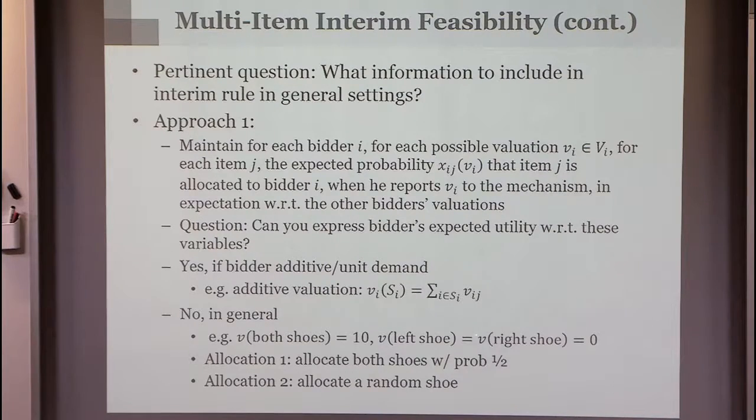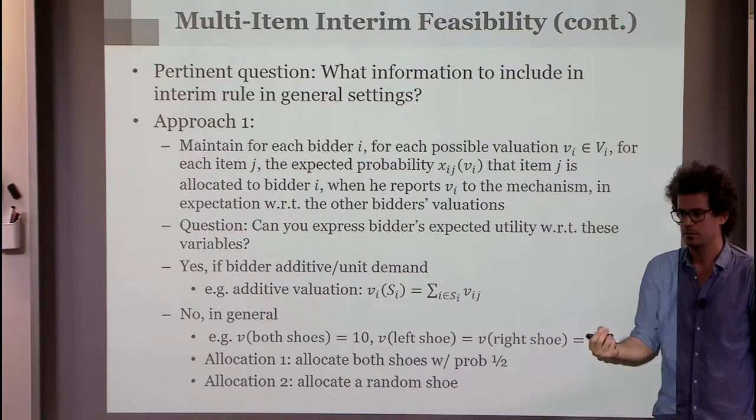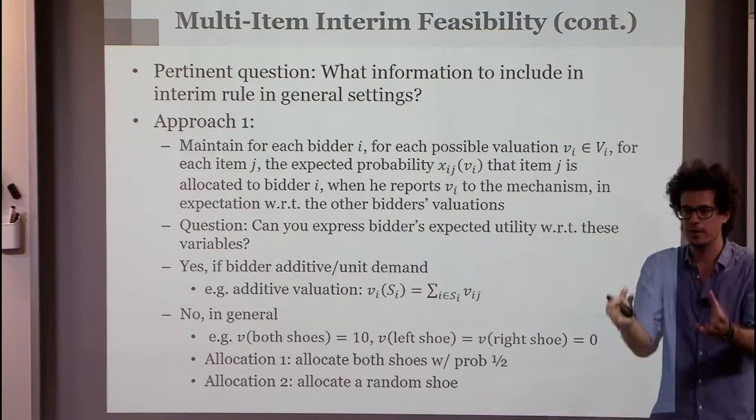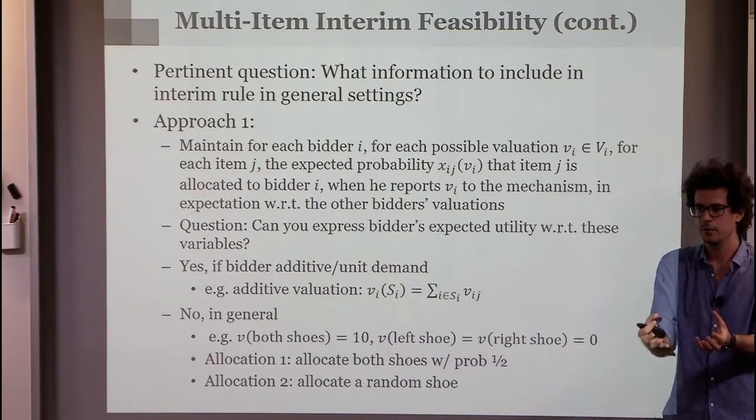Now, if you think about it, the interim allocation probabilities of these two allocation rules are exactly the same. But that's not enough information for the bidder to understand how good this interim allocation is for him, unless he sees the fully fledged ex post allocation rule.